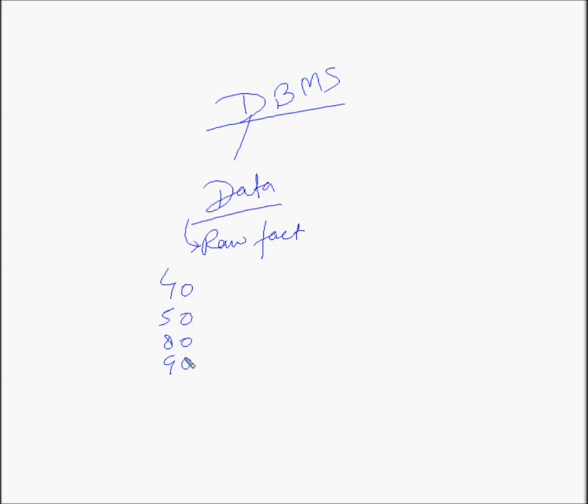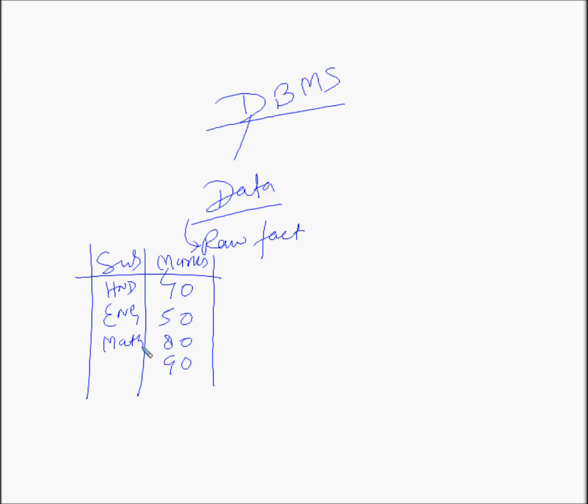Now, as we draw here like this, and I say this is my subject, and this is the marks we are having. Subject, let us say this is Hindi, I have English, say I have math, and this is say science.